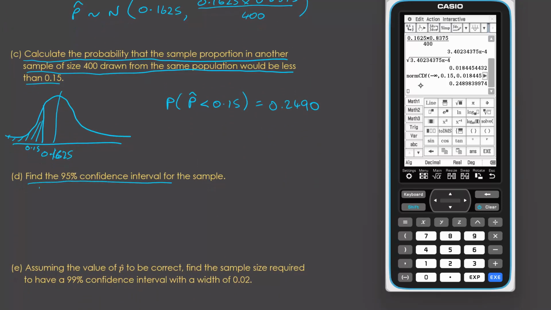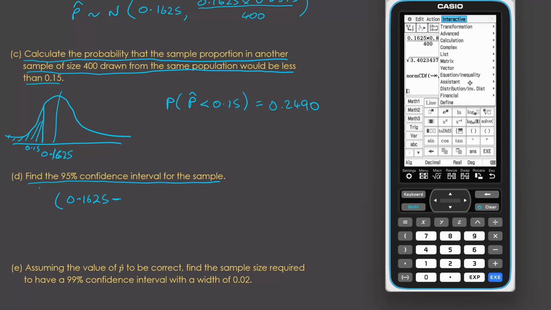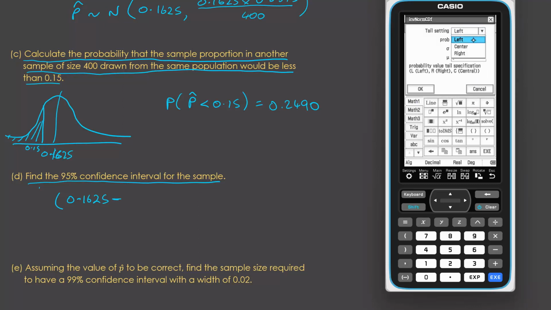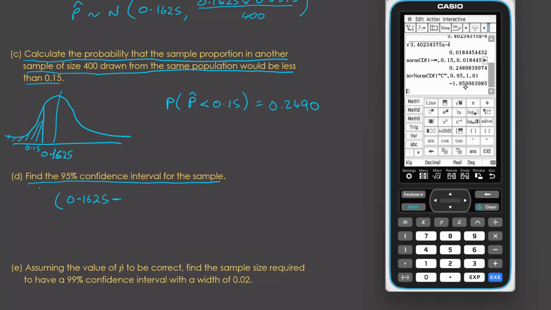Find the 95% confidence interval for the sample. Well, since we're on main screen and we've already got a lot of the stuff that we need, let's just do it here. So 0.1625 take away. Now the z-score that we want, we can get from inverse norm. Go for center, 0.95 is 1.96.